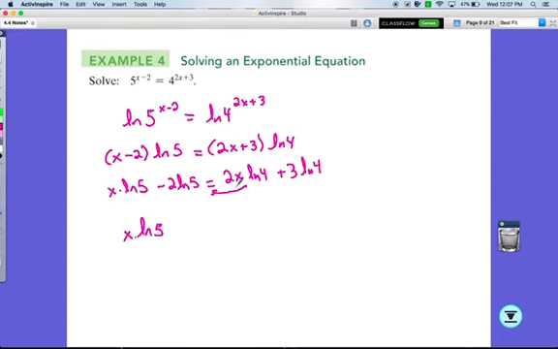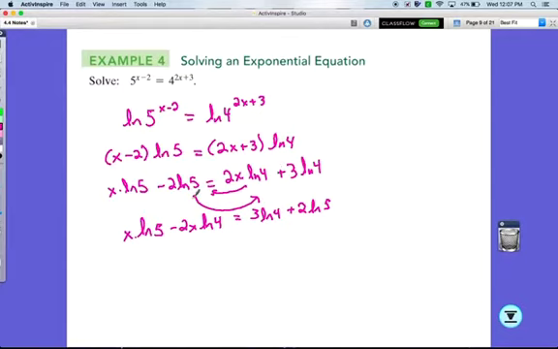When I bring the 2x over, it's going to become minus 2x natural log of 4. And then I'm going to bring the other term that doesn't have an x to the right-hand side. The right-hand side already had 3 natural log of 4. I want to bring the 2 natural log of 5, so it's going to add over and become plus 2 natural log of 5.